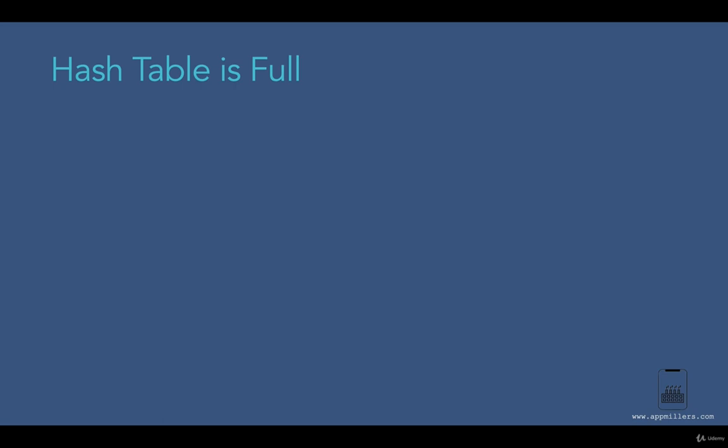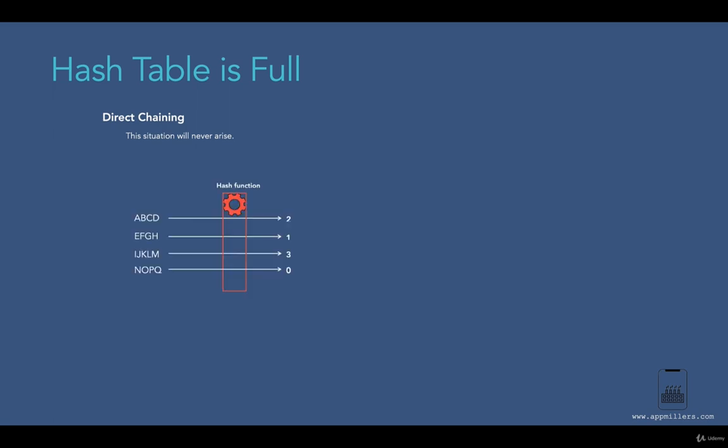Now when we implement our hash function with direct chaining, the situation will never arise. The hash table will never be full because we are adding the references of the linked list to the cells, and then we are adding the new values at the end of the linked list. So let's say we have a hash table like this, and by using the hash function, we have found the values of these strings.